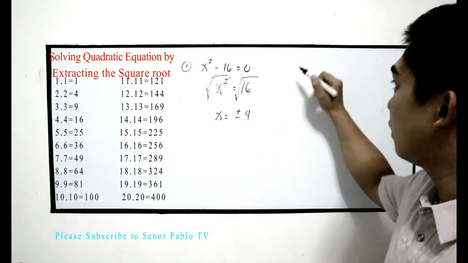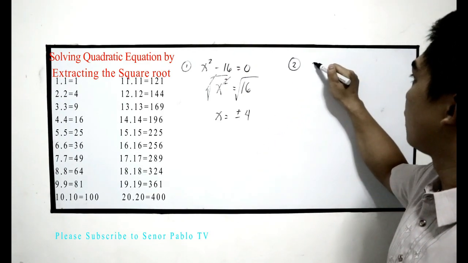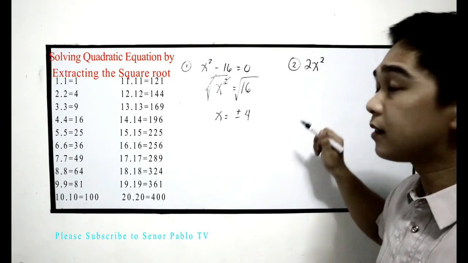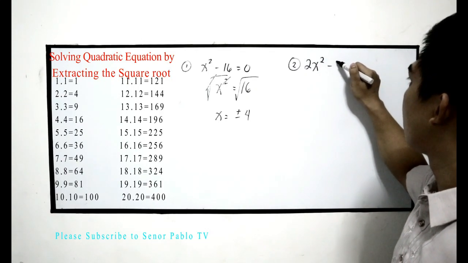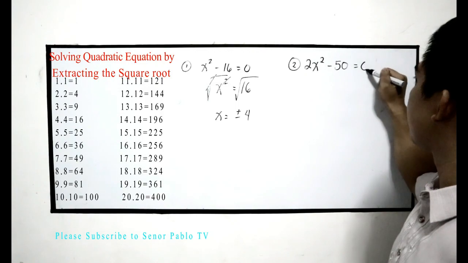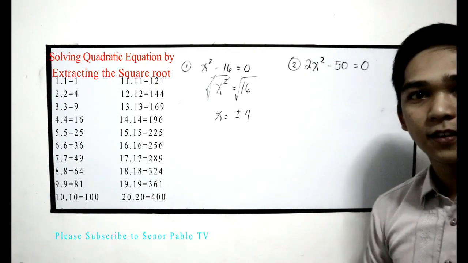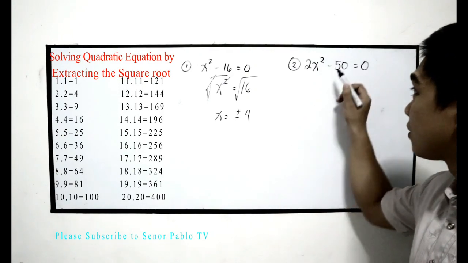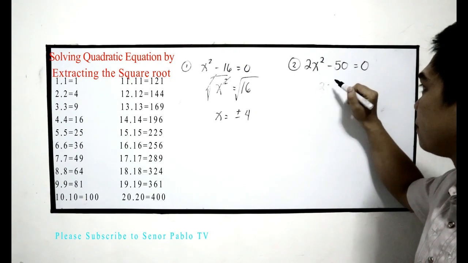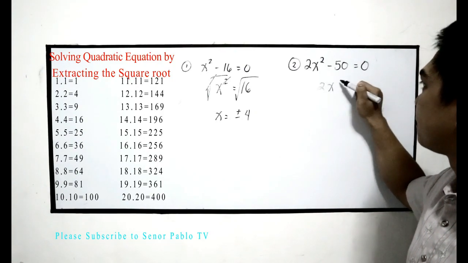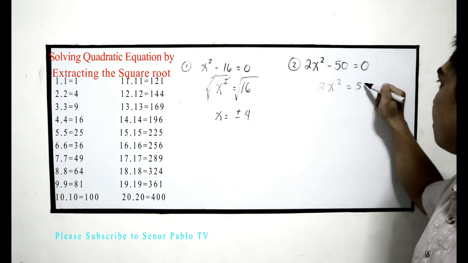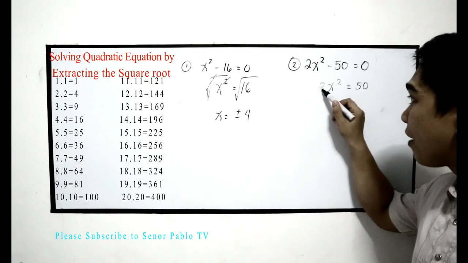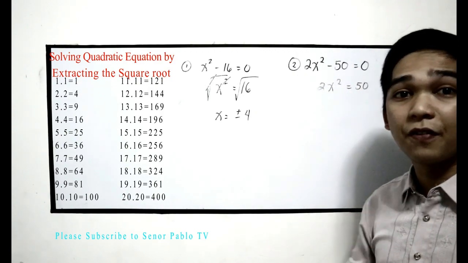Another one. Let's say 2x squared minus 50 is equal to 0. Again, isolate your variable, so transpose. 2x squared is equal to 50. Now, we have coefficient 2.